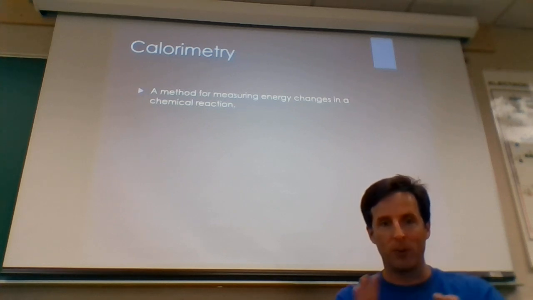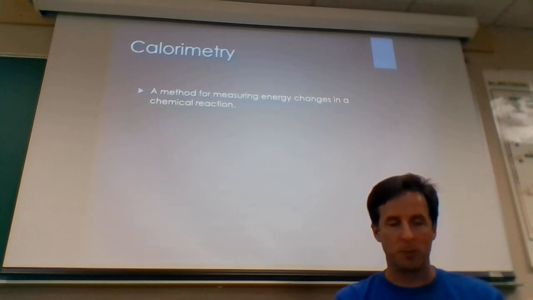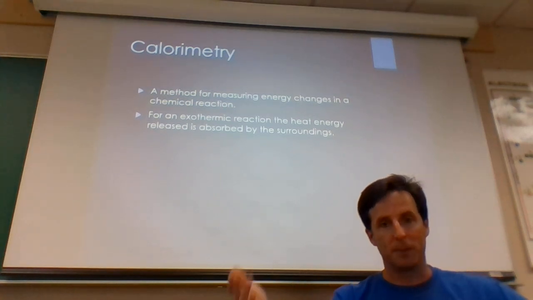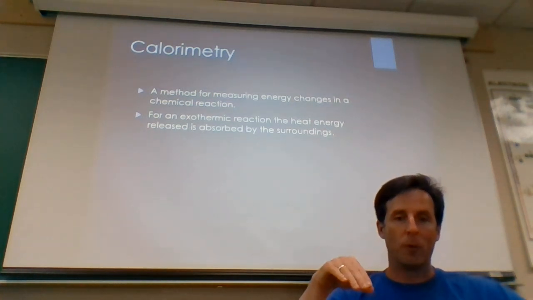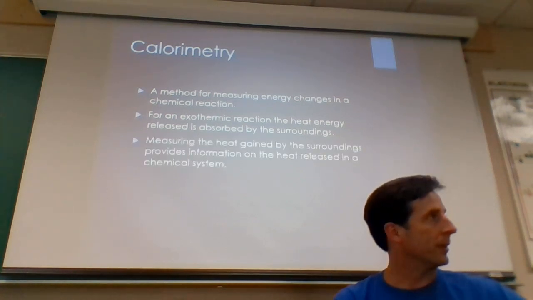And once I have all those values, then I'm going to be able to calculate how much energy was released or absorbed. Okay, so for an exothermic reaction, we know that the heat energy that's released is absorbed by the surroundings. Typically, we're measuring the temperature of the surroundings, so we have to keep that in mind when we're doing our calculations.